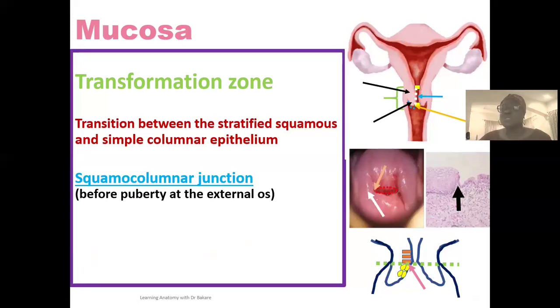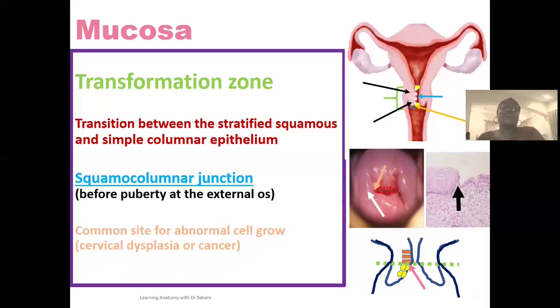The transformation zone is a common site for abnormal cell growth. Remember, we said that there is going to be a transition of simple columnar epithelium into stratified squamous epithelium. Because of this transformation, there is a possibility of abnormal cell growth in this region, and this can lead to cervical dysplasia or cervical cancer.